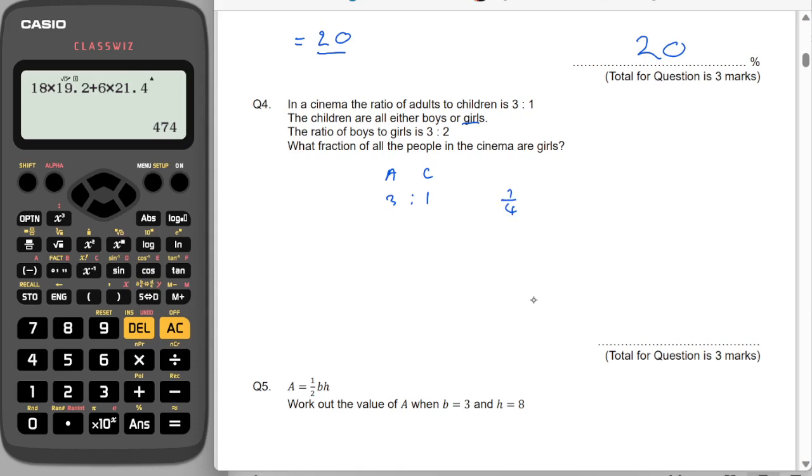And then we've got the ratio of boys to girls in the ratio of 3 to 2. So that's going to be 2/5 of them are girls. So I'm doing 1/4 times by 2/5. We can do this on our calculator, or we can cancel it down. So that gives us 1 out of 10.